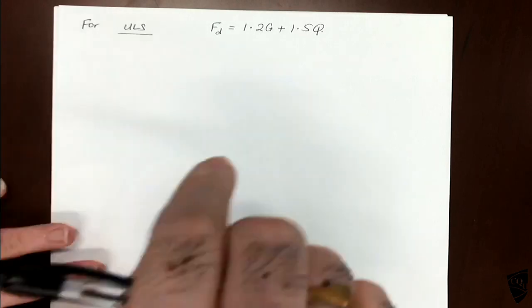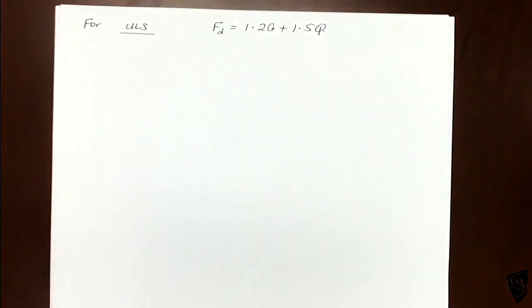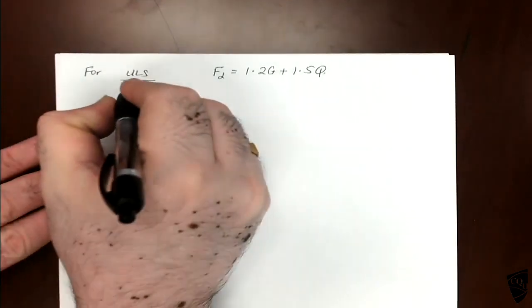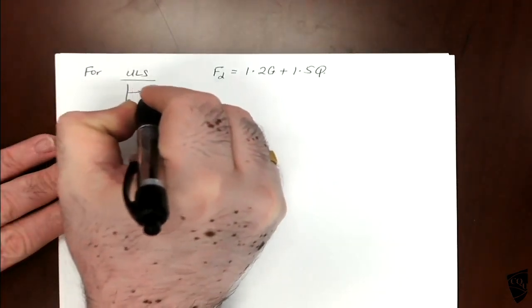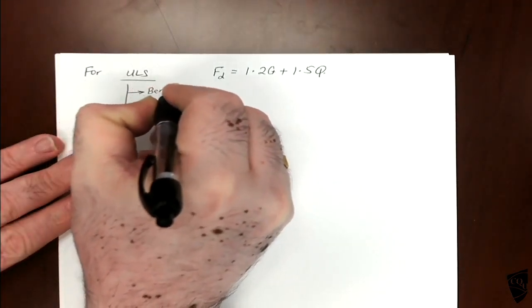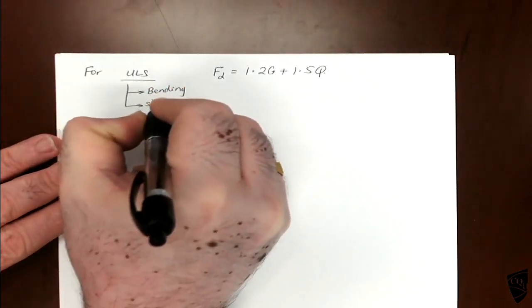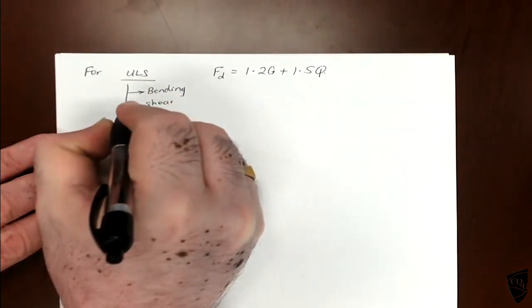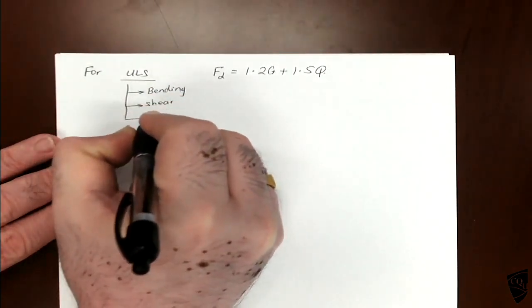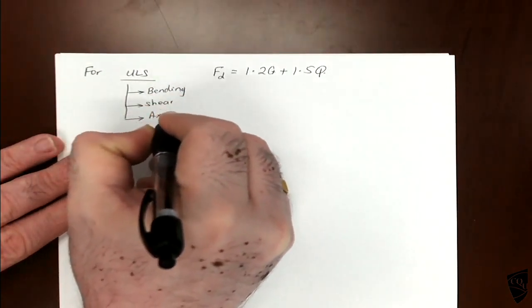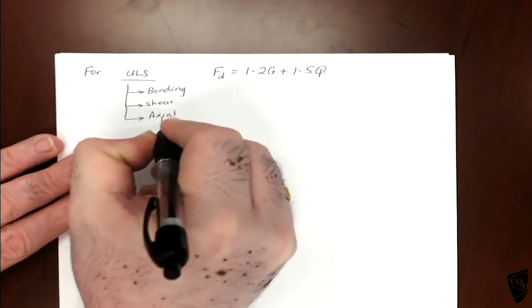If you have wind, we have other load cases as well, but we don't have the wind load in this unit. So for ultimate limit state, if you are doing checks, what checks will come? Bending, shear, axial force.